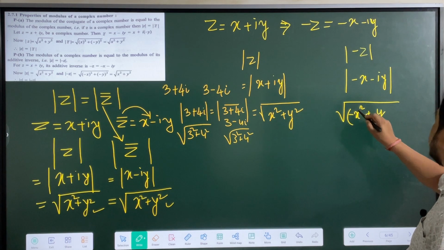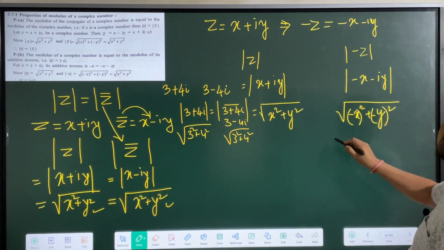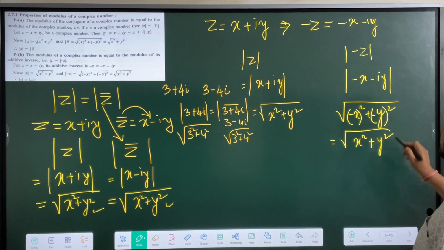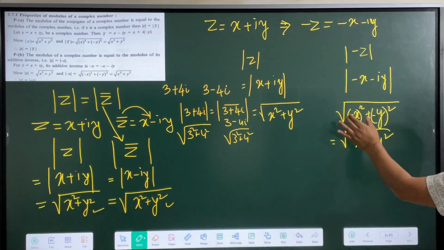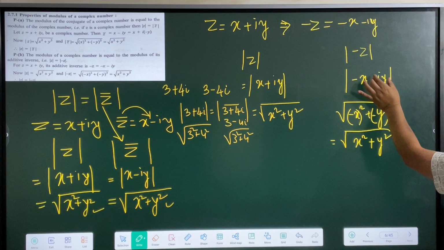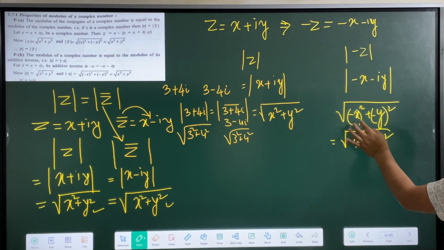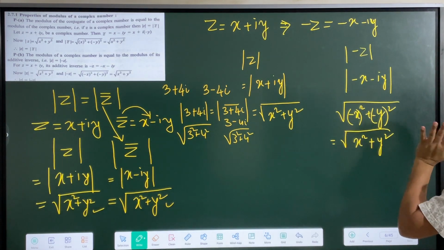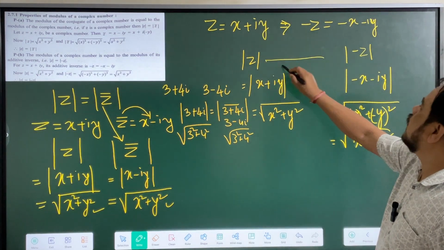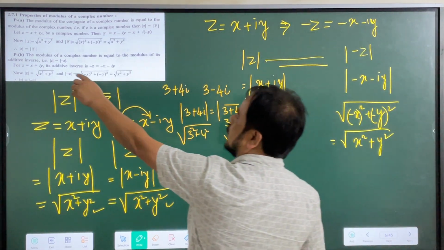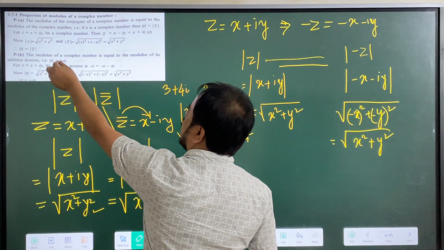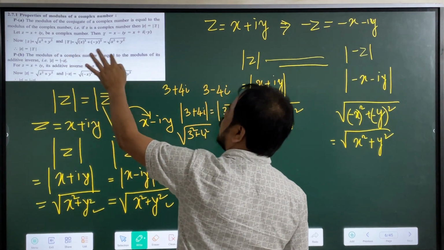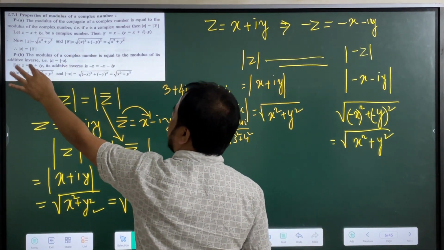Even if we write minus x as it is, minus y as it is, we get the same thing, because minus square is always plus. So this one and this one are equal: mod of z equals mod of minus z. The modulus of a complex number is equal to the modulus of its additive inverse.